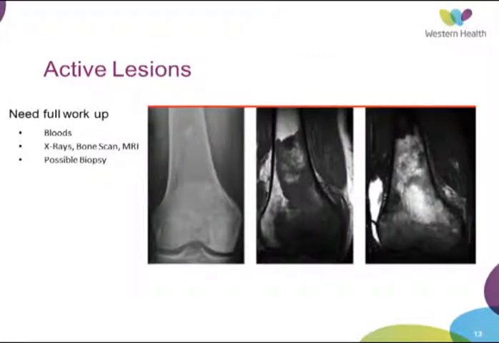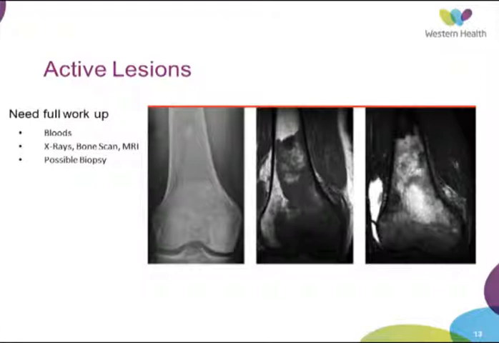Now, active lesions, they always need a full workup, right? That would need a full set of bloods. Obviously, your full blood count's going to give you a lot of information. Is there any hemopoietic pancytopenia, things like that, platelet dysfunction?